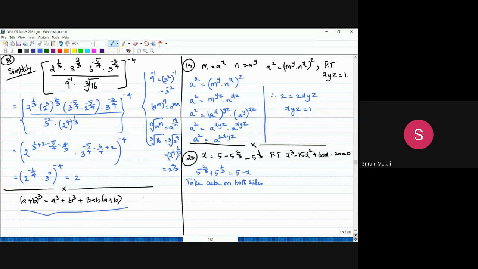That is why I wrote a plus b the whole cube here. What is a plus b the whole cube? A cube plus b cube plus 3ab into a plus b, which is equal to 5 minus x the whole cube.